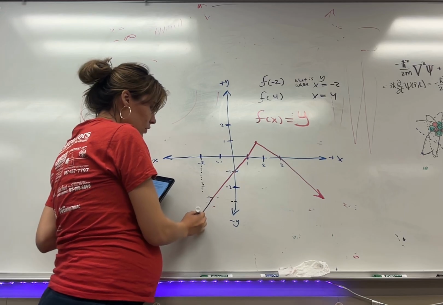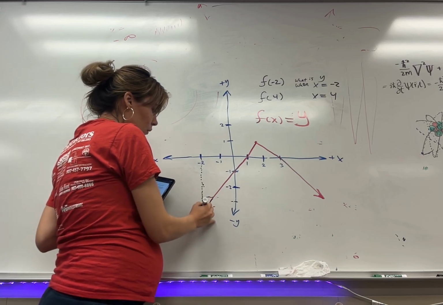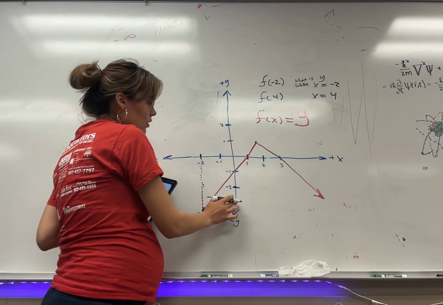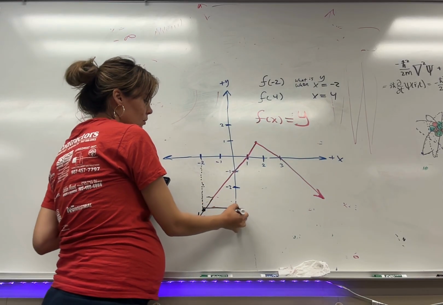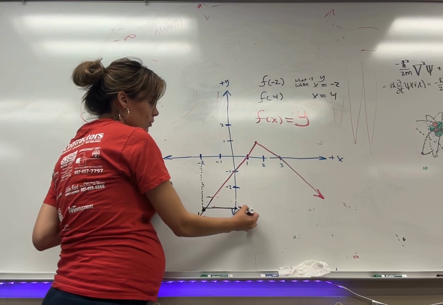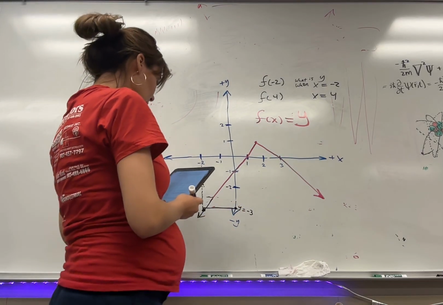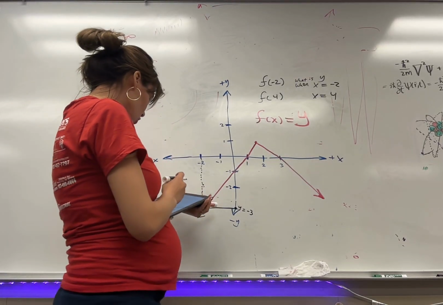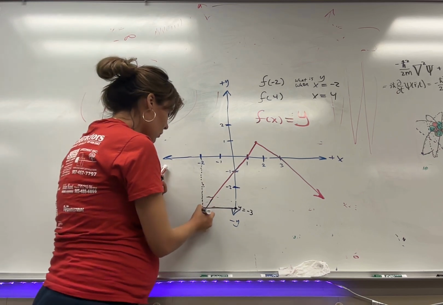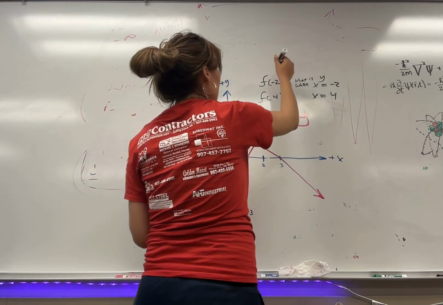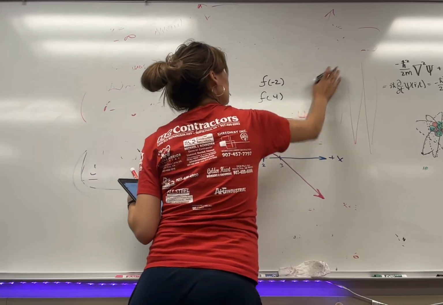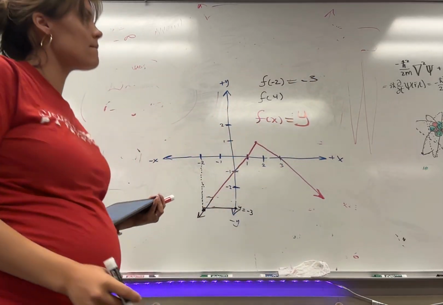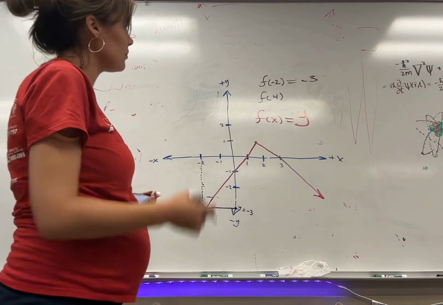But if I'd drawn this to scale, you'd see that if we want to figure out the value of our function at x equals negative 2, it's this value right here, and according to the actual graph of the function that you're given in the problem, this is y equals negative 3. So when x equals negative 2, according to the graph, y equals negative 3. So f of negative 2 equals negative 3. Does that make sense? Awesome.